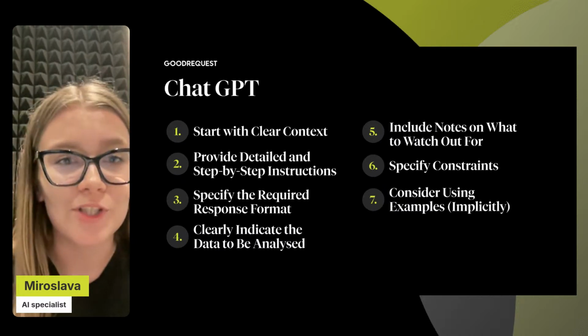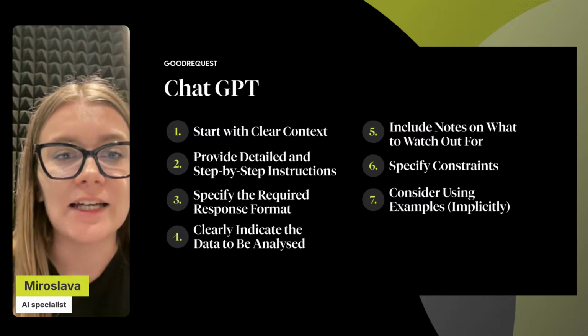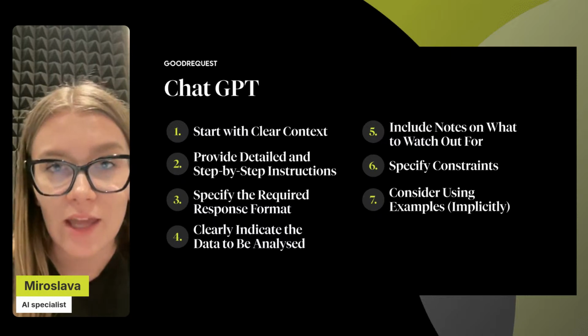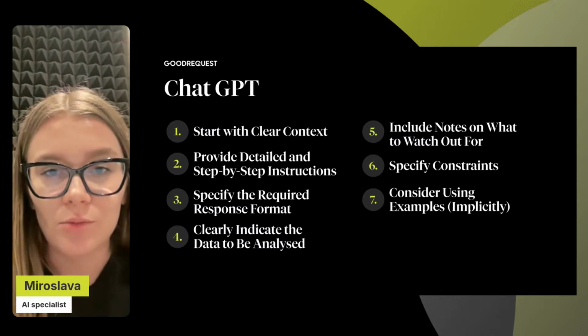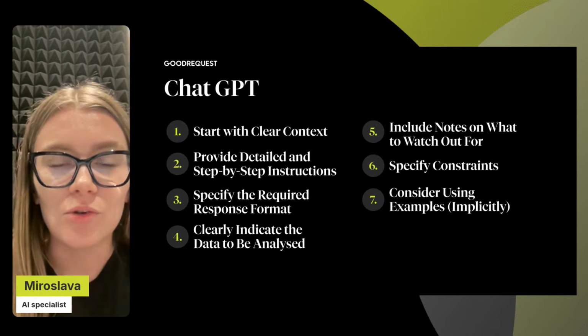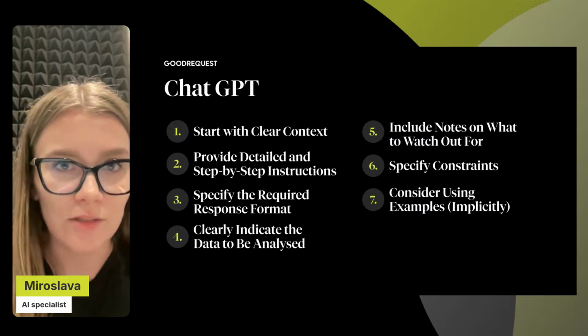It's also important to specify the required response format and clearly indicate what data should be analyzed. Things that can really help you to achieve a higher precision are also including notes on what to watch out for or what constraints to consider.